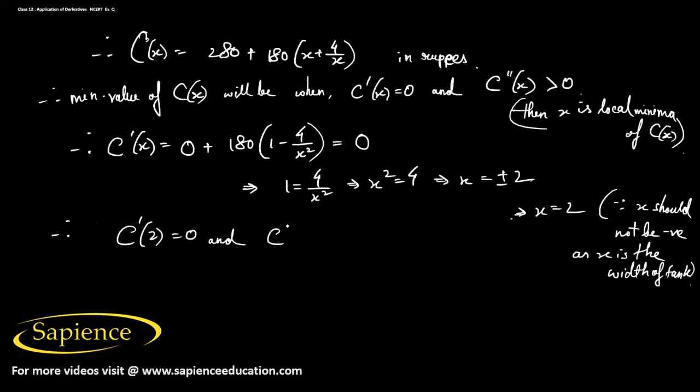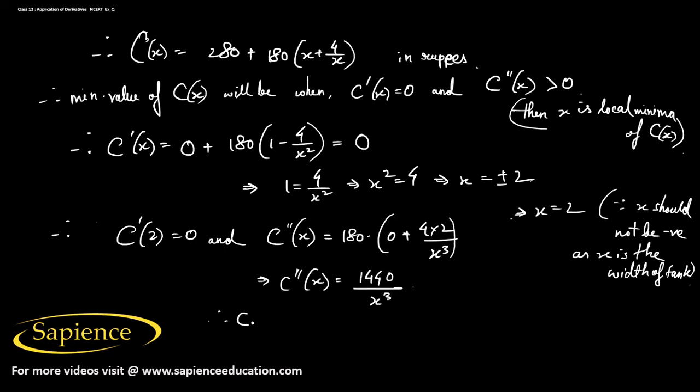And then we have to find c double dash x. That is equal to 180 into 0 plus 4 into 2 by x cube. So c double dash x is equal to 1440 by x cube. Therefore c double dash 2 is equal to 1440 by 8, that is 180, which is greater than 0.